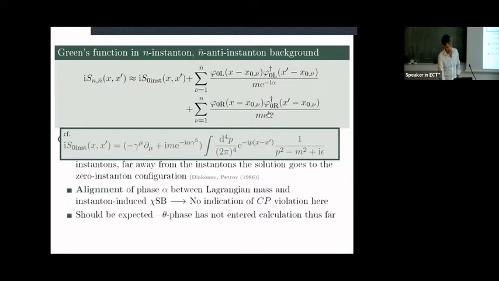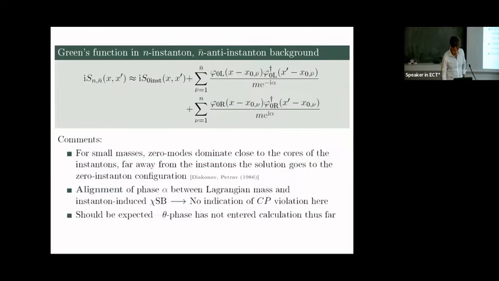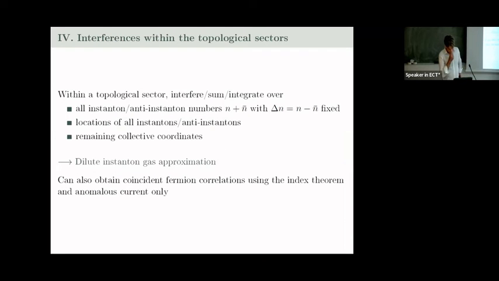So there's no CP violation here at this stage. But in some sense, this is also to be expected because the theta phase has not yet entered the calculation. And we only see at a late stage how theta may or may not enter the calculation.